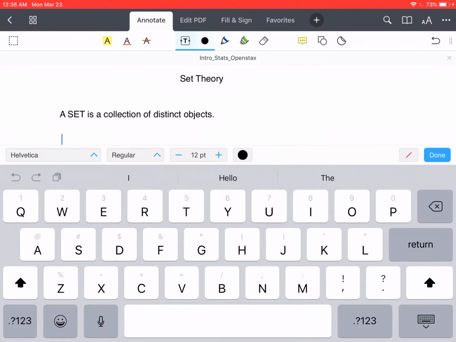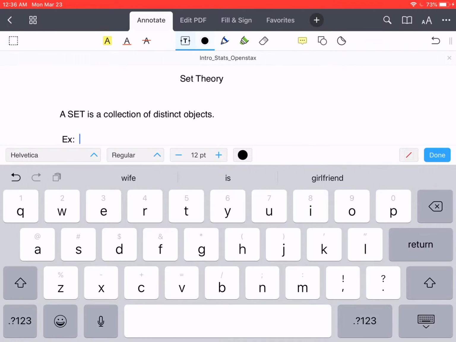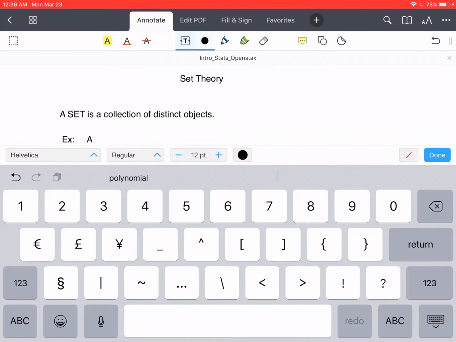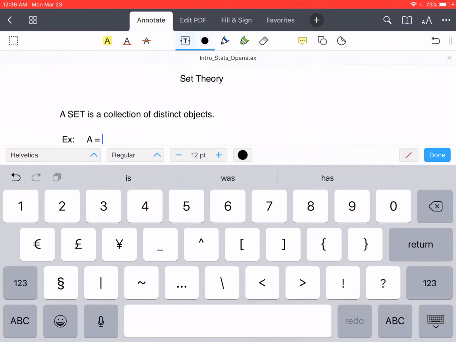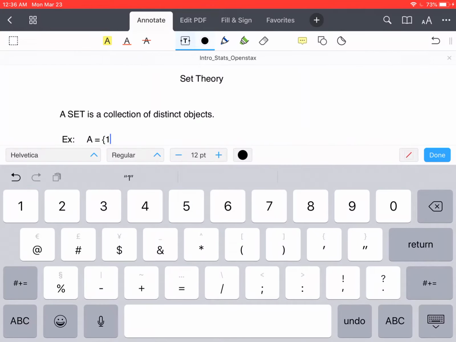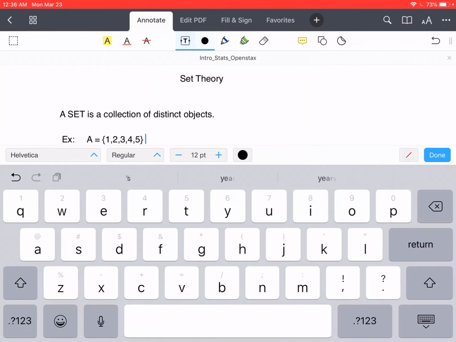So, for example, we're going to have a couple of sets here. A is going to be our first set. We're going to say A is the set 1, 2, 3, 4, 5.